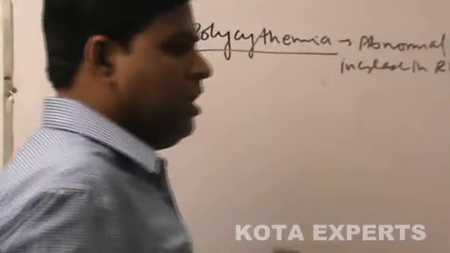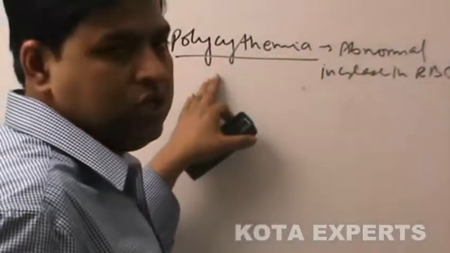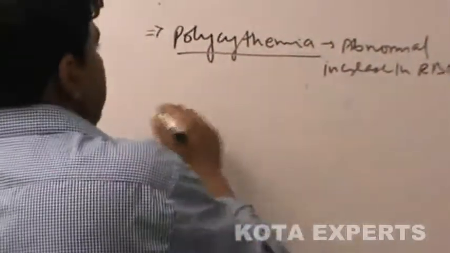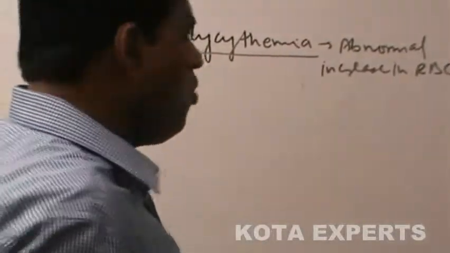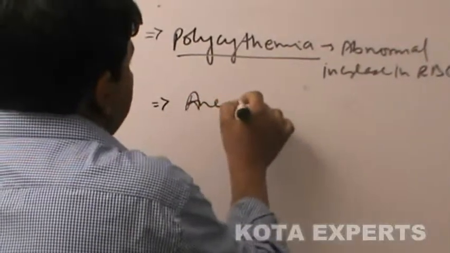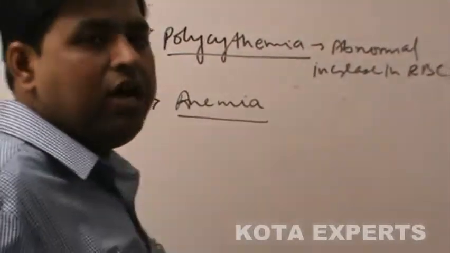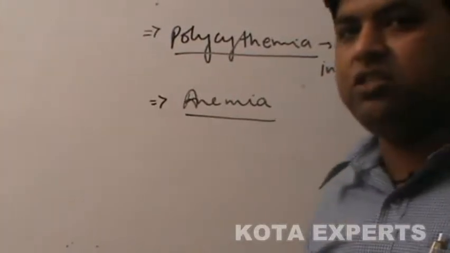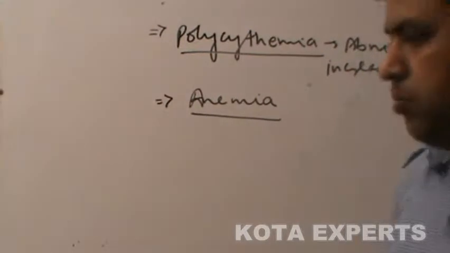When there is an abnormal increase in RBC, that condition is known as polycythemia. And when there is an abnormal decrease in RBC count, it is known as anemia. Anemia is not a disease.